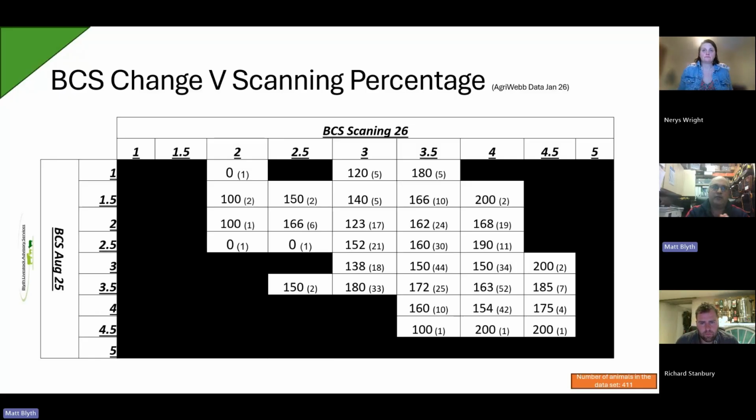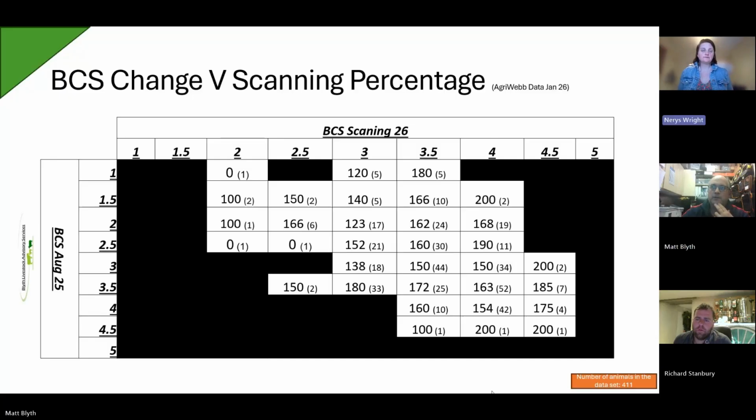That first animal was condition score 1 when Nerys scored it in August. It got to a 2 now, and it's barren. No major shock there, but we can see the pattern as they go through. It's a very small snapshot because we've only got 411 sheep that we have both body condition scores for, but as you can see, the effects go through.